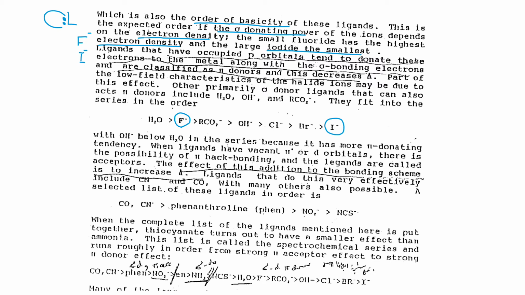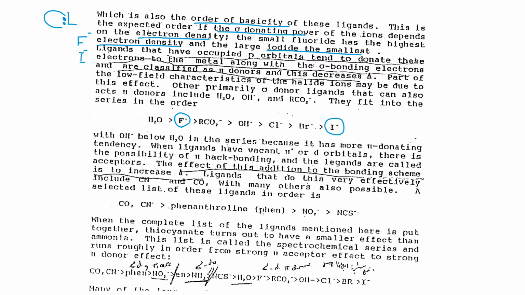So the arrangement is F minus stronger than Cl minus, stronger than Br minus, stronger than the large atom I minus, and H2O being a pi donor is stronger than F minus.